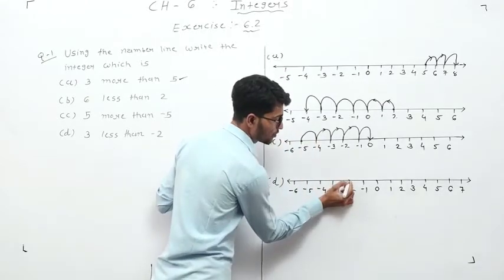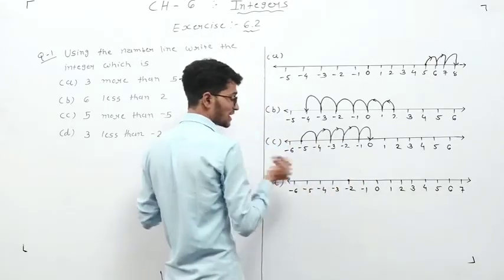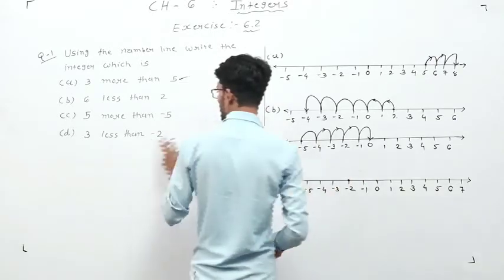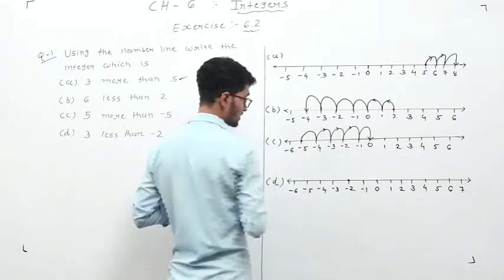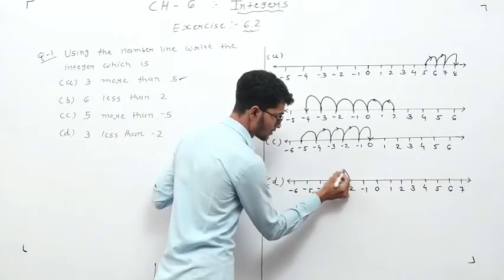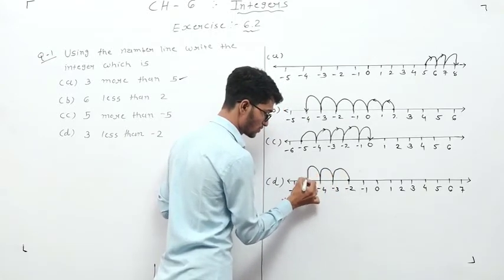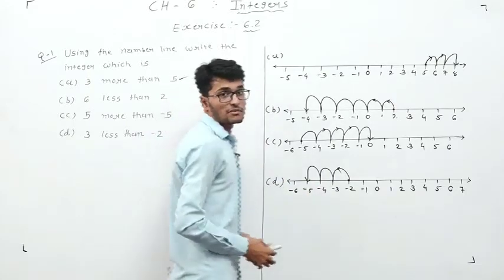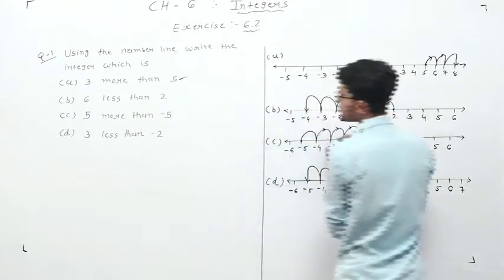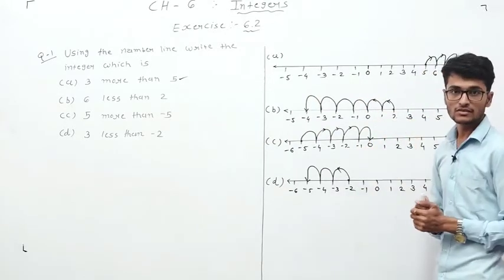So start from minus 2. Less than means slide to the left hand side. How many? 3. So slide to this side: 1, 2, 3. Right? So the answer is minus 5.